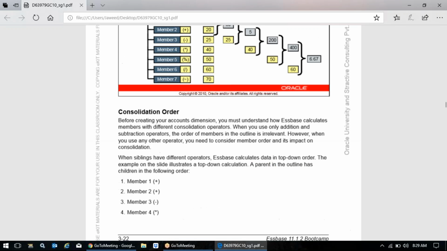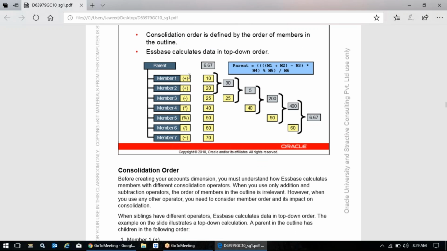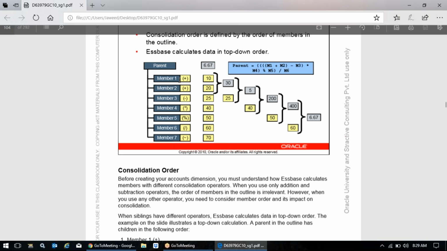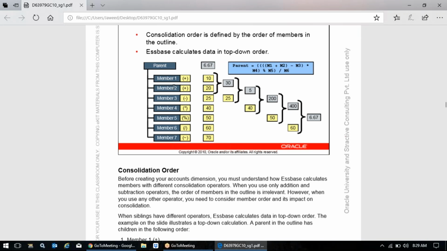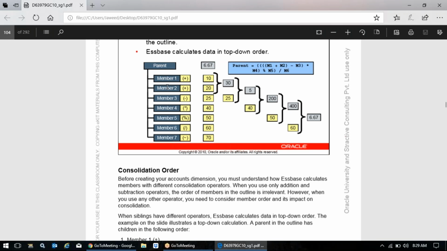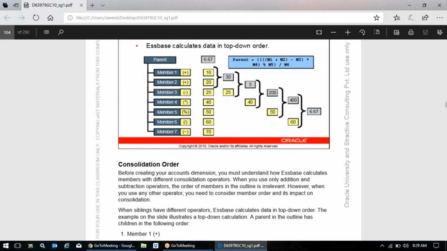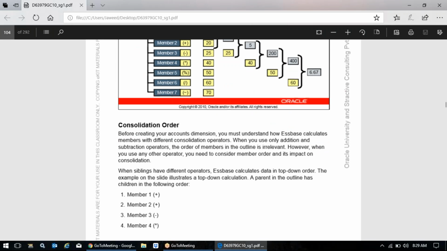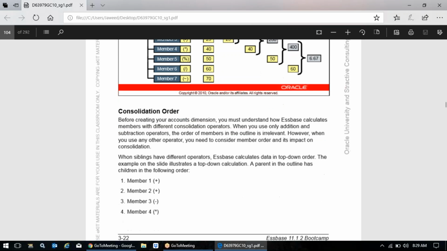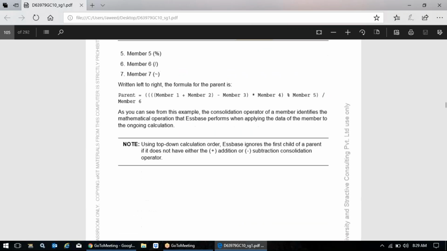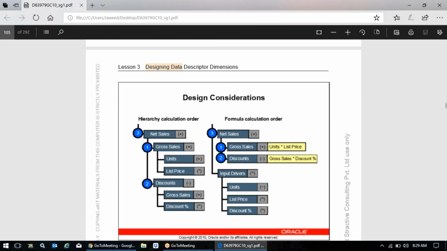Okay, if the first child does not have plus or minus, that's what it's saying. It ignores the value, and then it goes to the next member. Okay, makes sense. So if member one had a tilde, it'll just skip over to member two. Yeah. Okay.